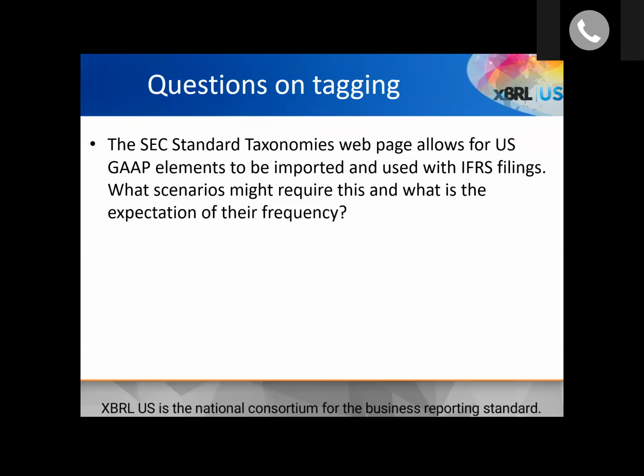That would be under the US codification, ASC 932. But that would be the exception to the rule. There might be a few things specific to S-X or a particular form requirement that may not be contemplated in the IFRS XBRL taxonomy, but I don't think there's a whole lot of them. It's certainly something where you would need to look at your form requirements and use that as your starting point.